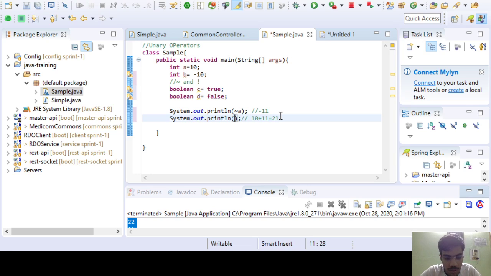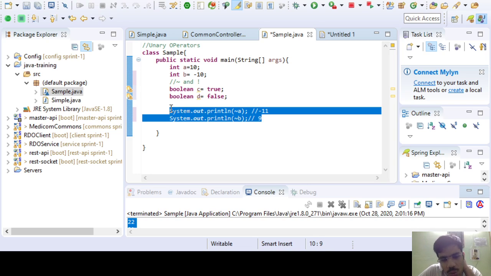I will show you the output. If we declare b as minus 10 here, what is this? Minus of the total minus, positive starting from 0. Then what will be the output? 9. I hope you understand the difference between these two.